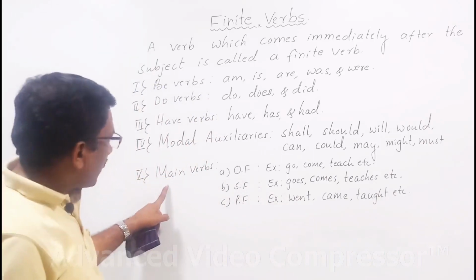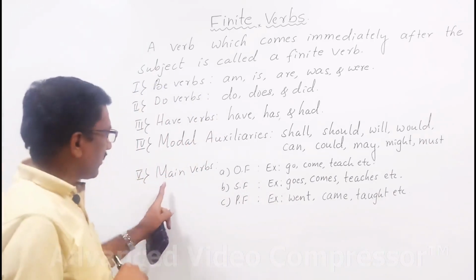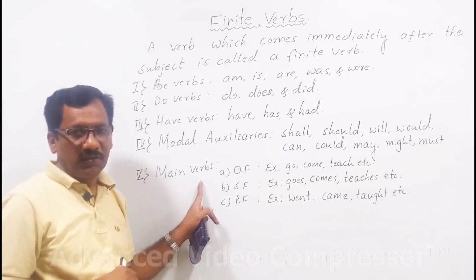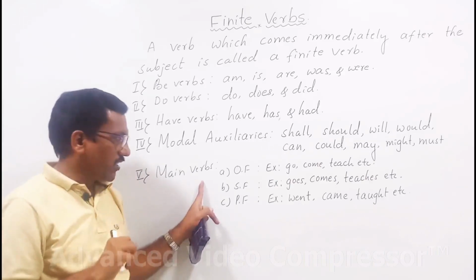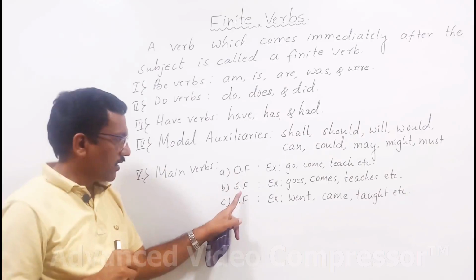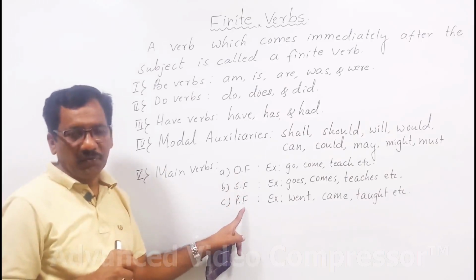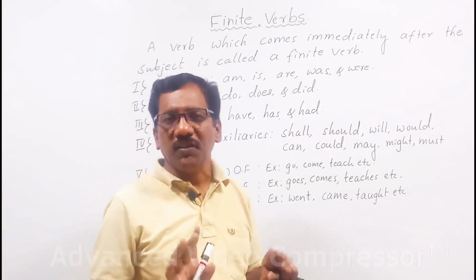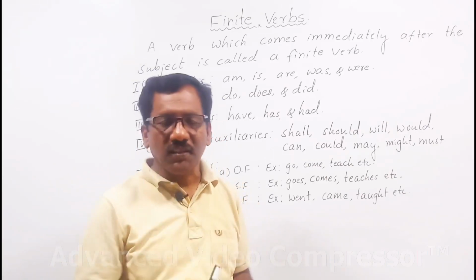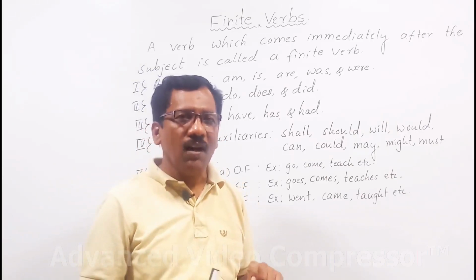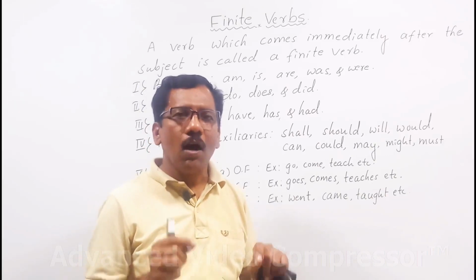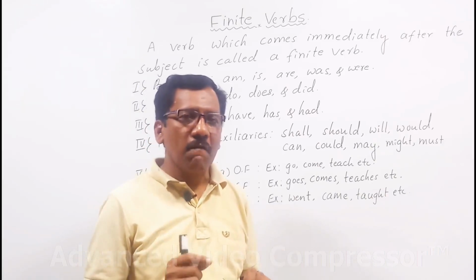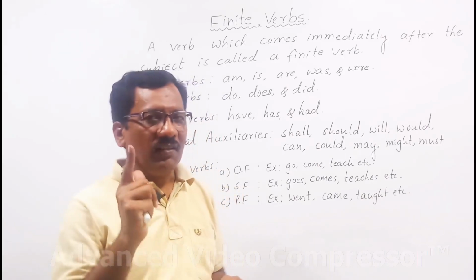See, last but not the least, main verbs in English. Even main verbs like original forms, S forms and past forms. These are also used as finite verbs in English. The thing is that, please remember how to recognize, how to understand the finite verbs in English.